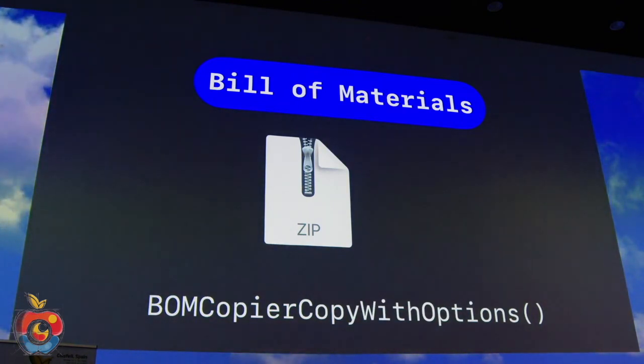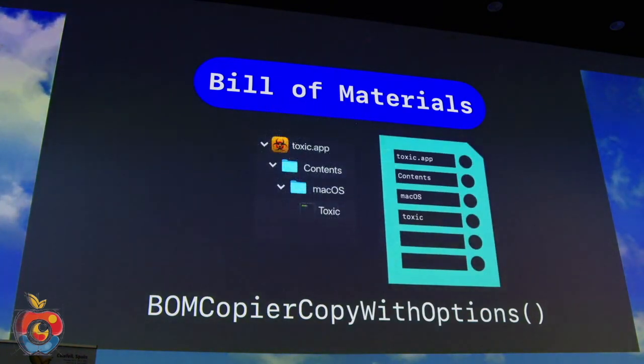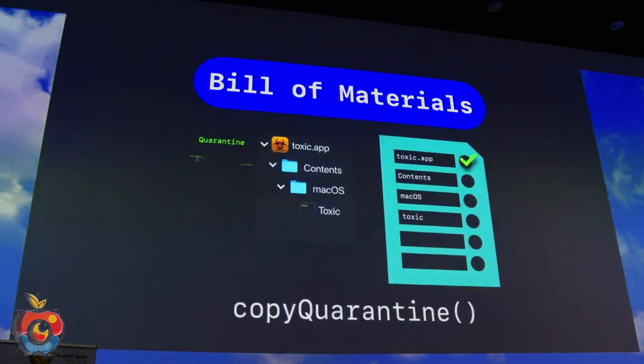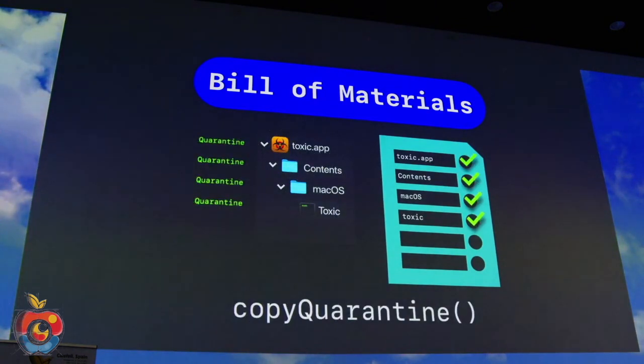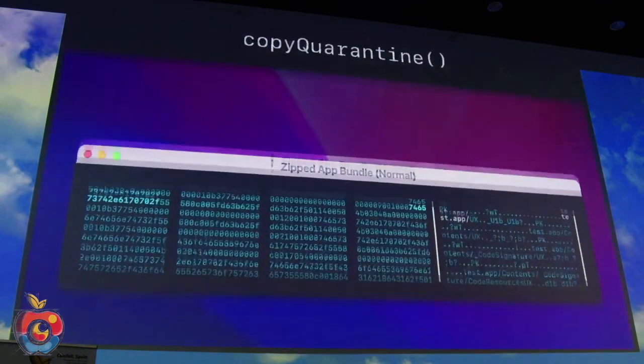So the BOM seen on the right here will keep track of each file that gets unarchived from the zip. The unarchiving logic then goes through each file in the BOM and applies the quarantine attribute, fittingly, using this copy quarantine function. So everything in the BOM gets the copy quarantine function run accordingly.